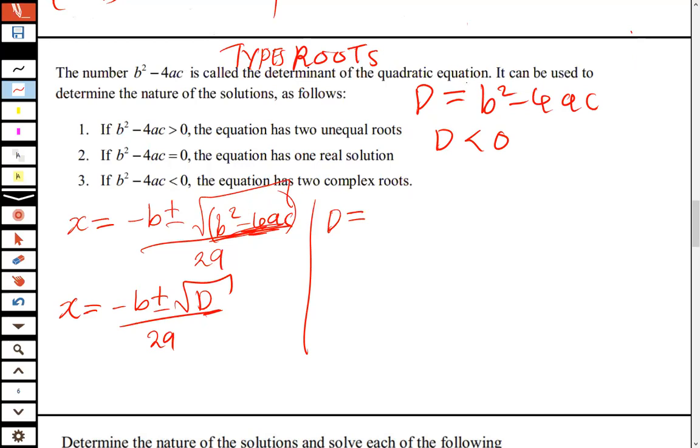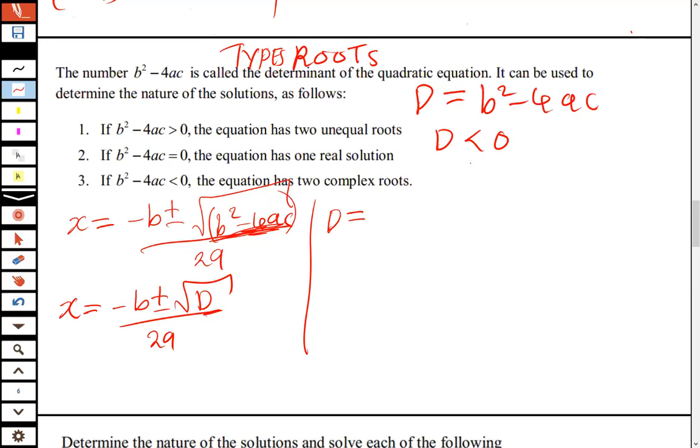So if D is less than 0, it means that at one point you are going to have the square root of a negative number. The square root of a negative number is a complex, imaginary number.